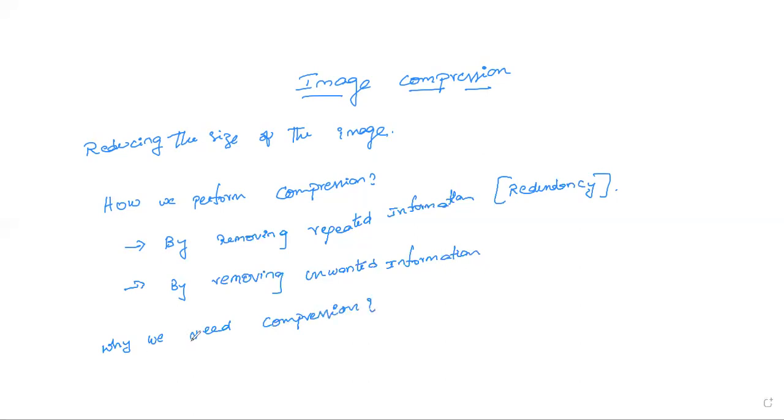So why do we need compression? First, for transmission purposes. For example, consider your net speed is 15 kbps. 15 kbps means it can transfer 15 KB per second.